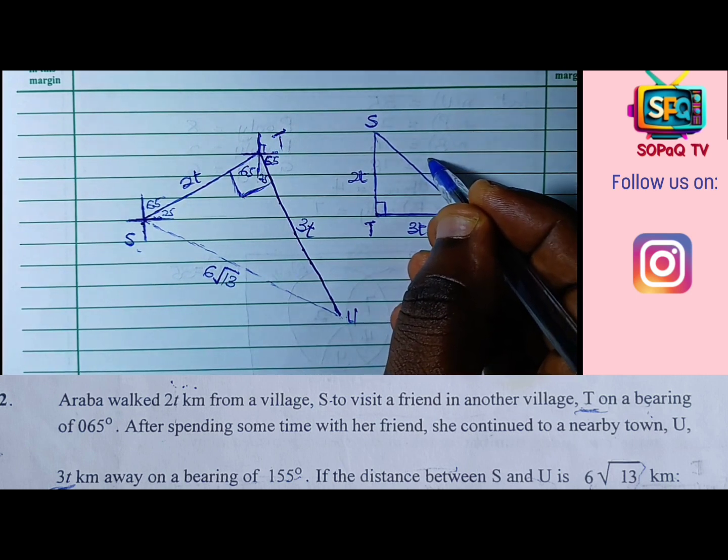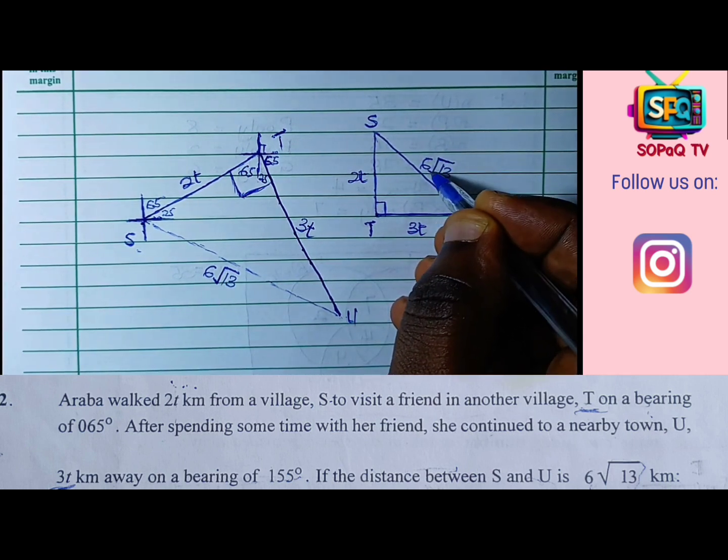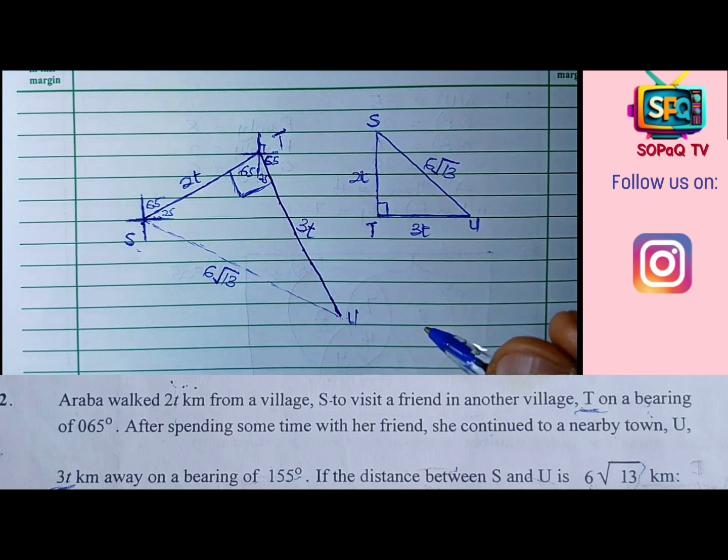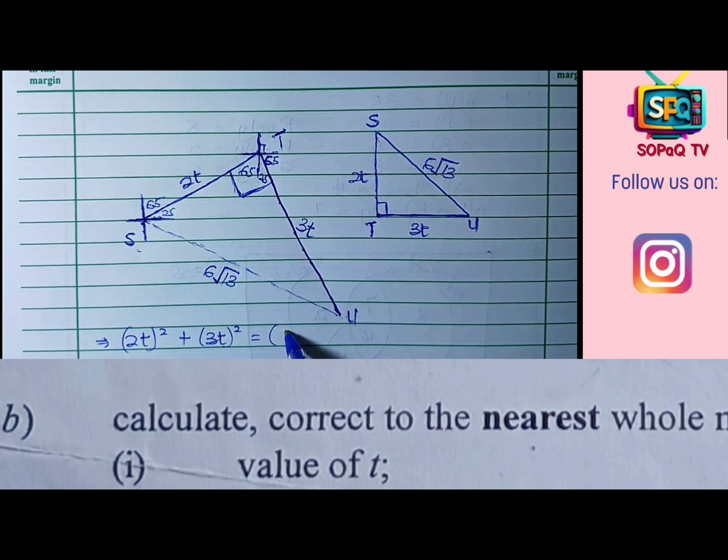So we can write it here, 6 root 13. So with the idea of Pythagoras, we understand that 2t all squared plus 3t all squared equals 6 root 13 all squared.